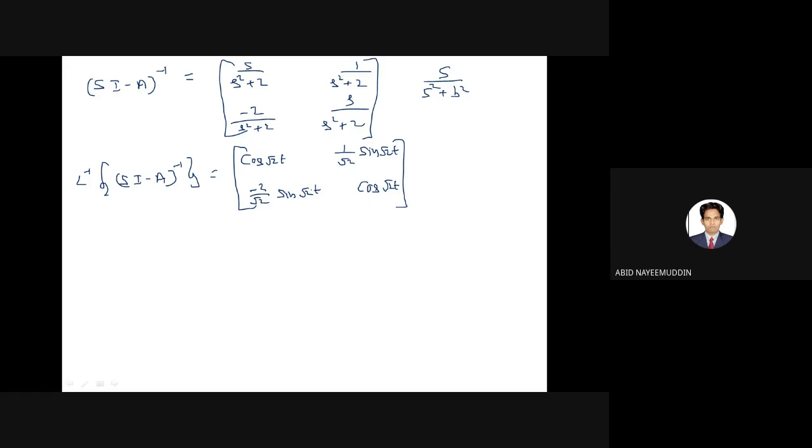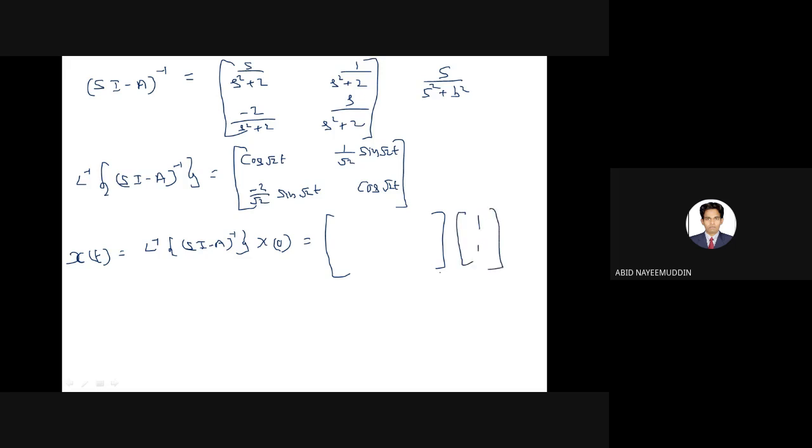So now, what is x of t? x of t is mathematically L inverse of (sI minus A) whole inverse into x of 0. It means you need to multiply this matrix with x of 0, which is [1; 1].